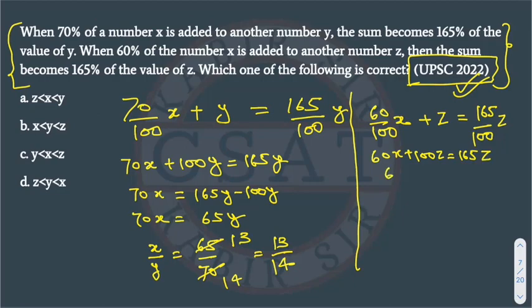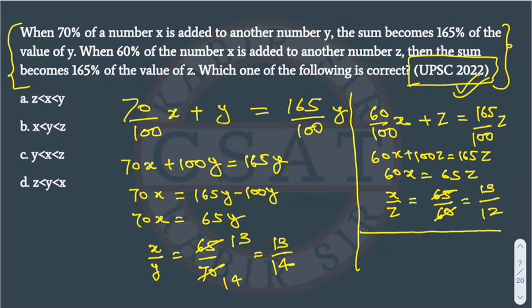We will move 100z to the right-hand side and subtract it, then it will become 65z. Then x upon z will become 65 upon 60. We can cut them by 5, right? So it will become 13 by 12.